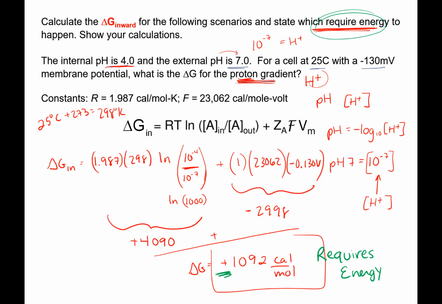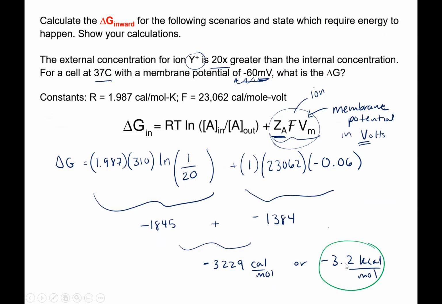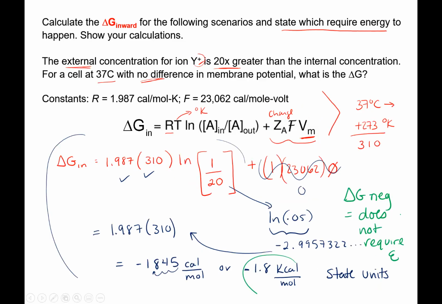So if I ask you which ones require energy and you say, oh, well, this one's endergonic, this one's exergonic, that's not what I asked for. I asked to state which requires energy. So do exactly that. And if you want to make sure you're complete, you can say no energy required, and the same, no energy required.